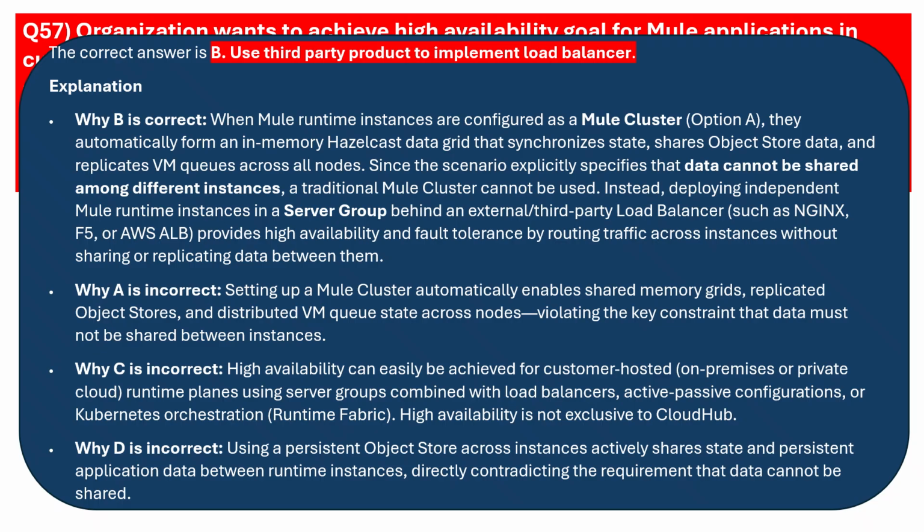High availability can easily be achieved for customer-hosted, on-premises or private cloud runtime planes using server groups combined with load balancers, active-passive configurations, or Kubernetes orchestration (Runtime Fabric). High availability is not exclusive to CloudHub. Why D is incorrect. Using a persistent object store across instances actively shares state and persistent application data between runtime instances, directly contradicting the requirement that data cannot be shared.